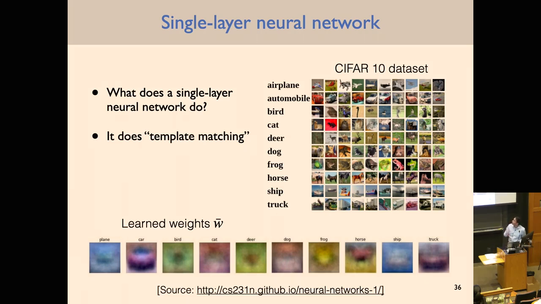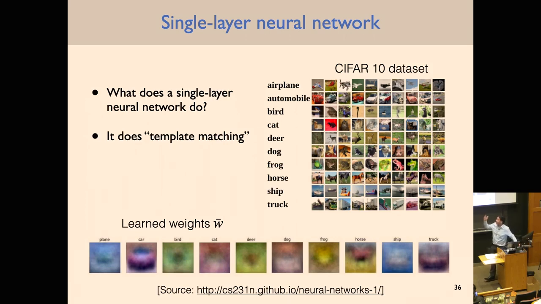So I described the computation that one layer of a neural network does. There are a couple of intuitive interpretations for what's going on with that computation. One interpretation is that we're basically doing template matching. If you think about the weights W as an image in its own right, W has dimension 3072, so you can rearrange that into an image of dimension 32 by 32 with RGB values.